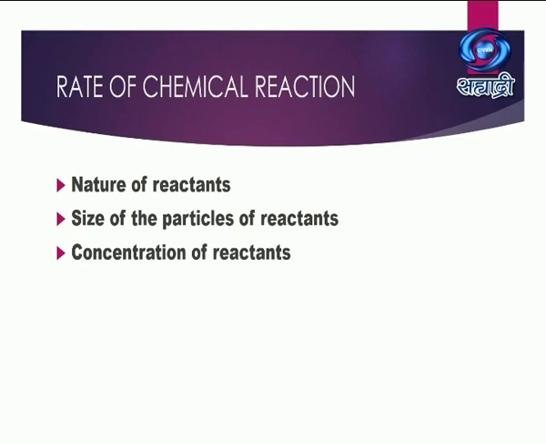The second point is size of the particles of reactants. A simple example, even though it is not a chemical reaction, you can visualize: if you take powdered sugar and crystal sugar and try to dissolve it in water, immediately the answer will be that powdered sugar gets dissolved faster as compared to the crystalline sugar.